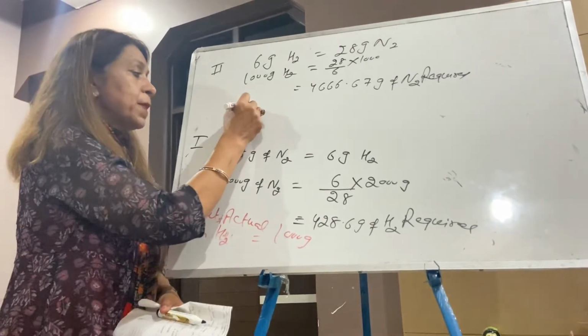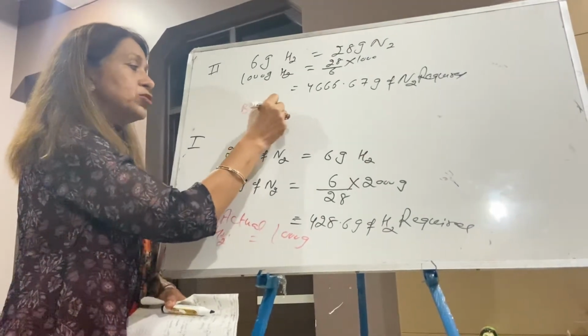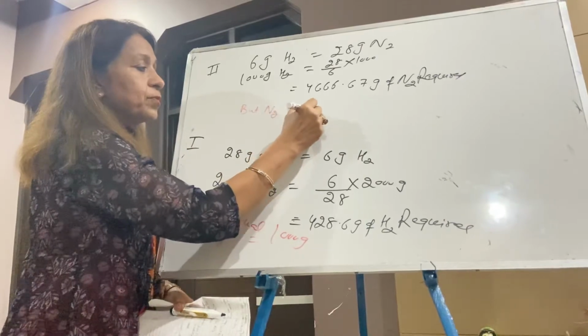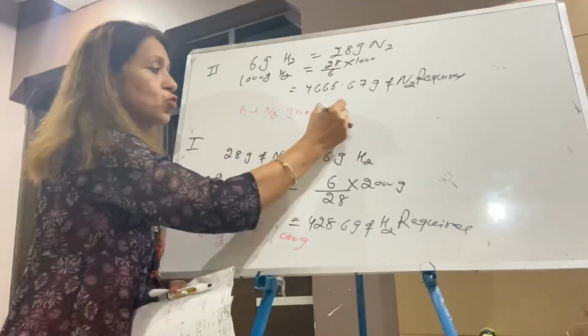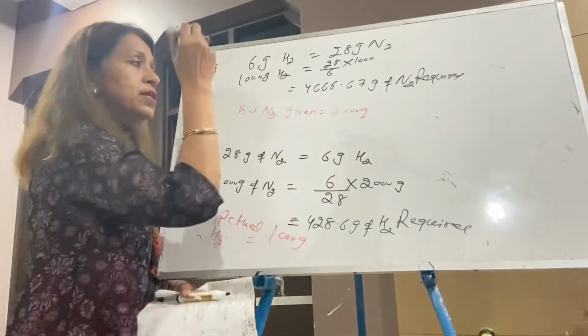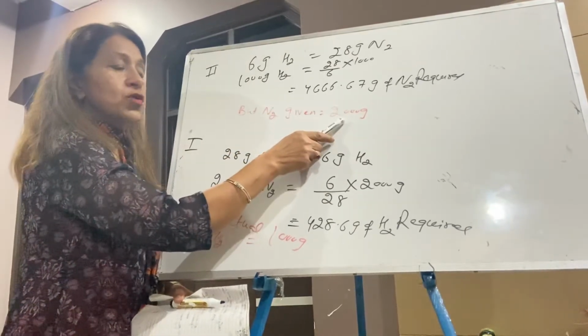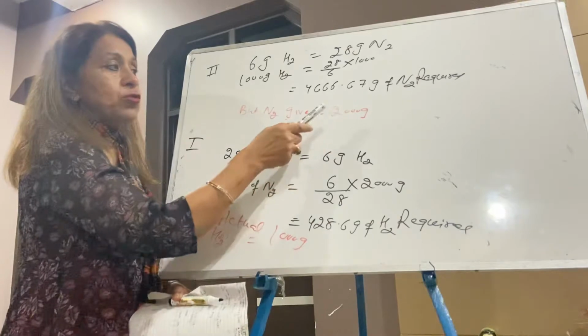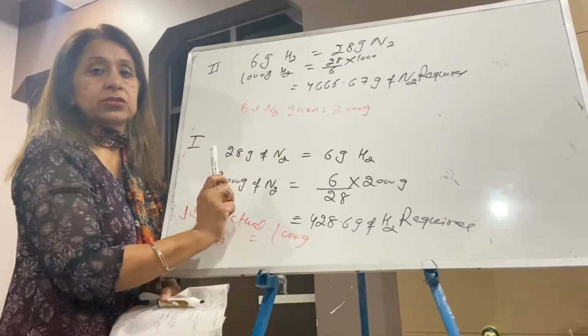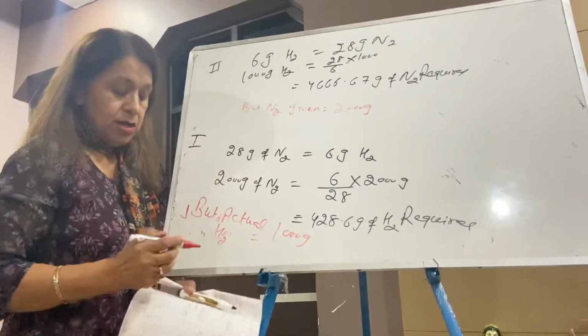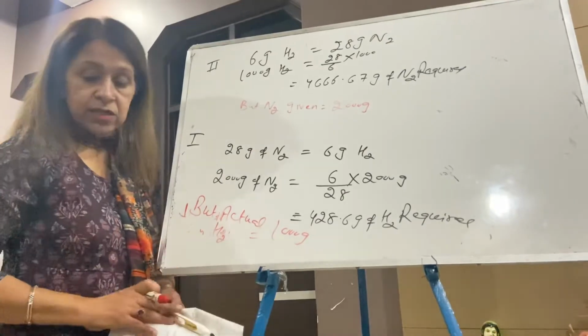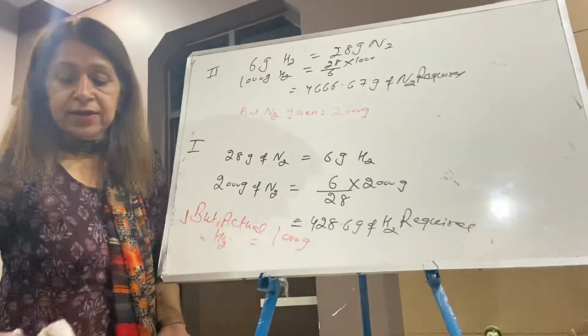I think 2000 gram. This means you require 4,666 and this is what is given. That means nitrogen is the limiting reactant. Now you will do the third part like this. Nitrogen is the limiting reactant.